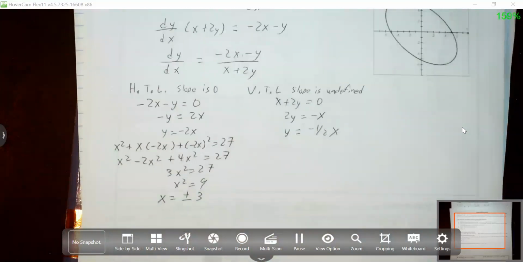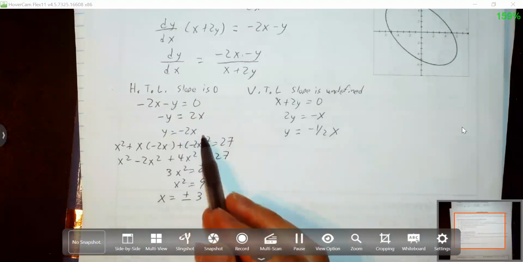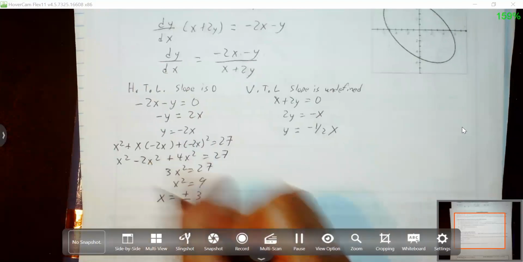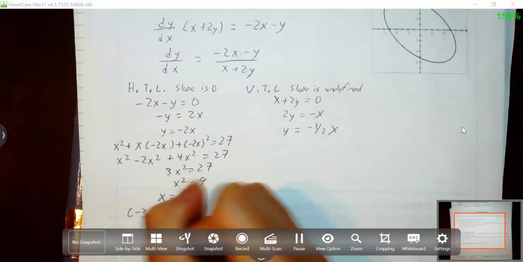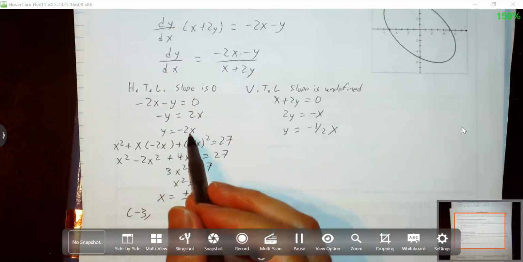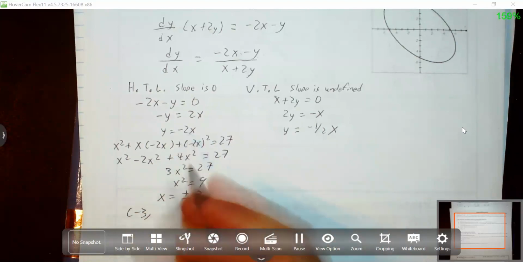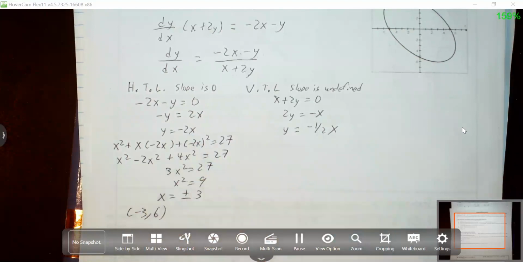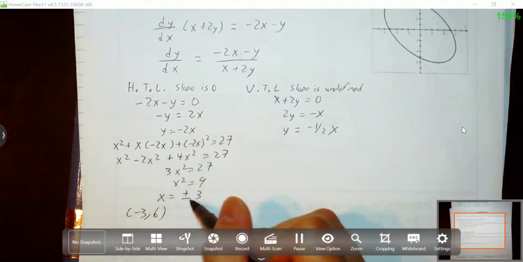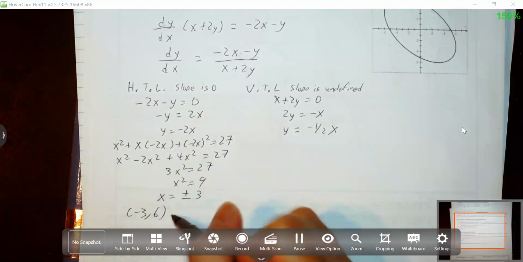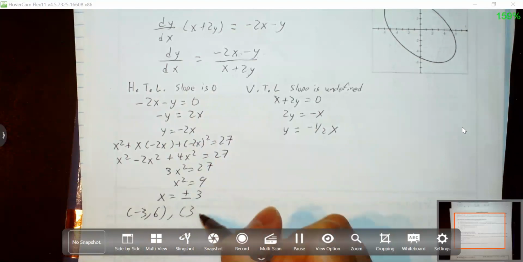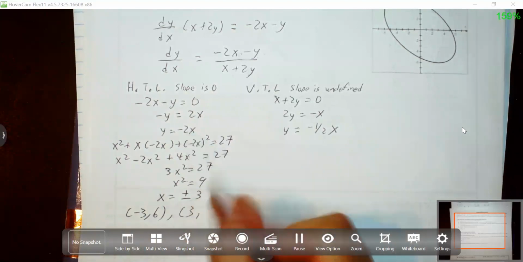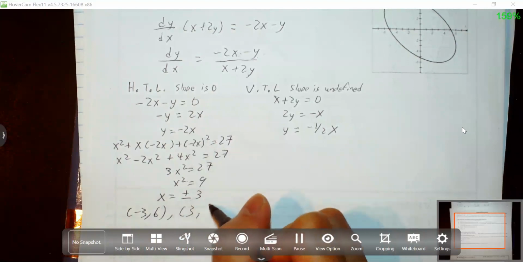So I know my x values, and then I'm just going to plug them into the y here to find my y values. So if x is negative 3, negative 3 times negative 2 is positive 6. And then if I plug in positive 3, negative 2 times 3 is negative 6.